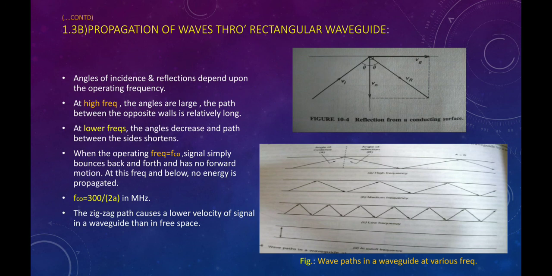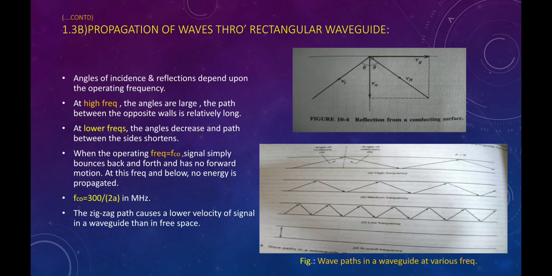Now here you can see the reflection of a wave from a conducting surface. When the incident microwave signal is at an angle theta i, it is reflected inside with the angle theta r, and this reflection depends upon the operating frequency.